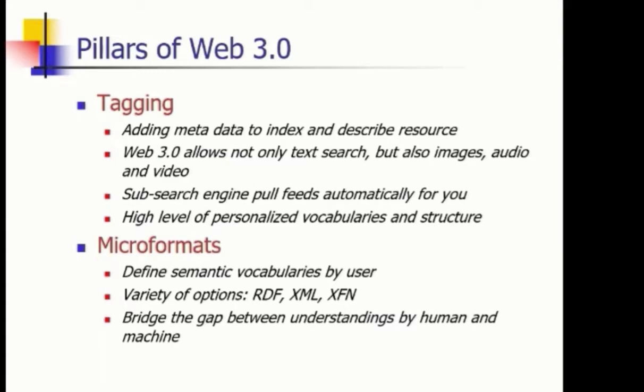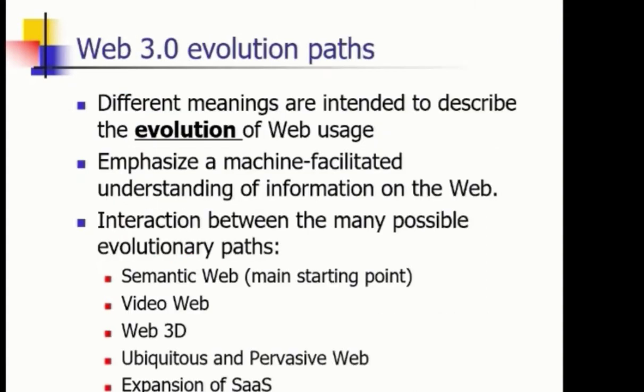So the machine can give the exact response according to the user requirement. With the passage of time and the advancement of technology, Web 2.0 changed to Web 3.0, trying to give this type of advancement, making things easy for the user and building a bridge between the human and the machine.